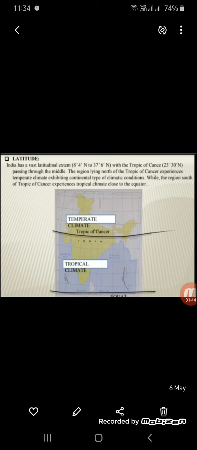Alright, next we are going to be discussing the location of the Himalayas. You know that the Himalayas are one of the greatest fold mountain systems of the world. It is a young fold mountain, and one of the very beautiful features of the Indian subcontinent.